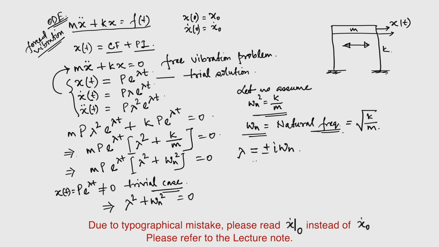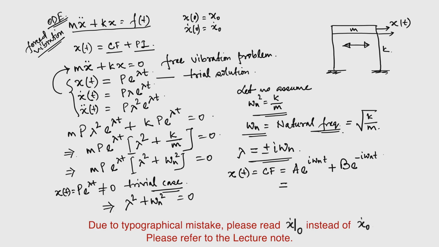Now, once we find out the expression of lambda, we can easily write down the expression of x of t, where again we are solving the complementary function. So, CF will be a e to the power i omega n t plus b e to the power minus i omega n t. That gives us the solution for this problem.